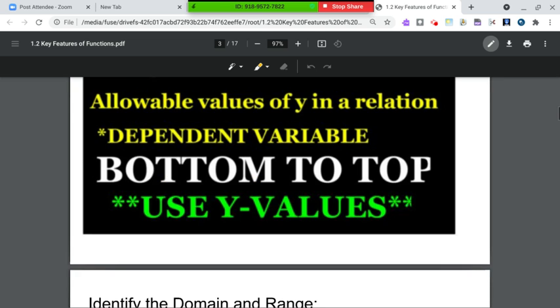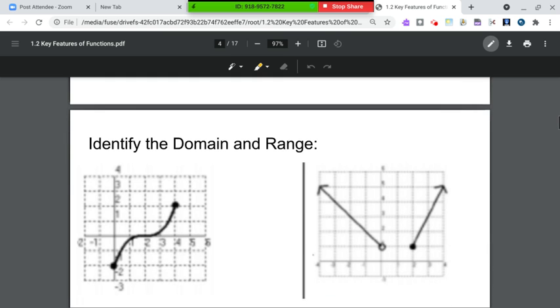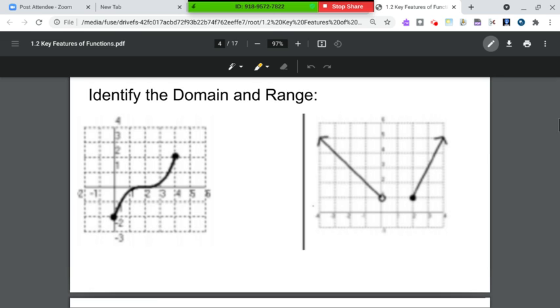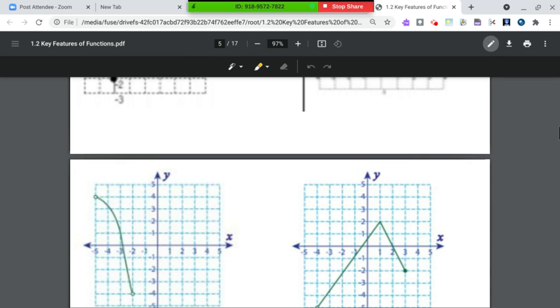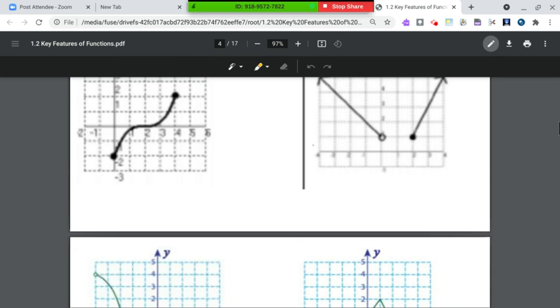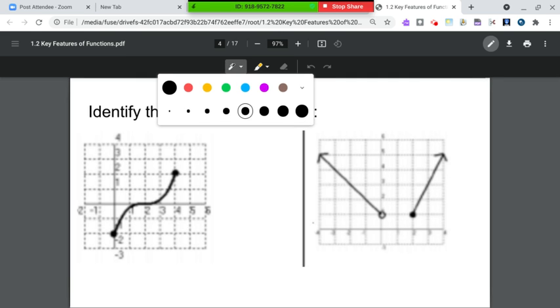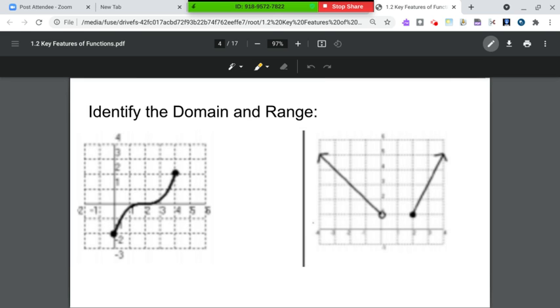Okay, now we're going to do a little bit of practicing. On this first graph on your left, we want to identify the domain and range. So I'll model these two and then I'll have you do these two. First one here, I'm going to look for the domain first.